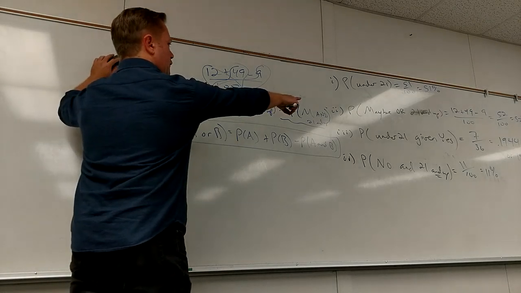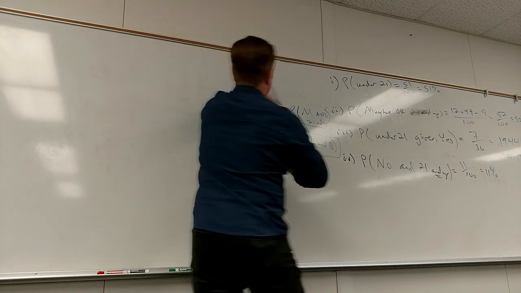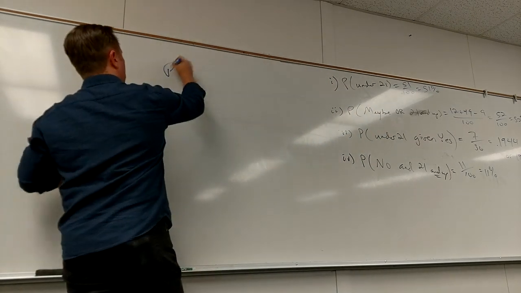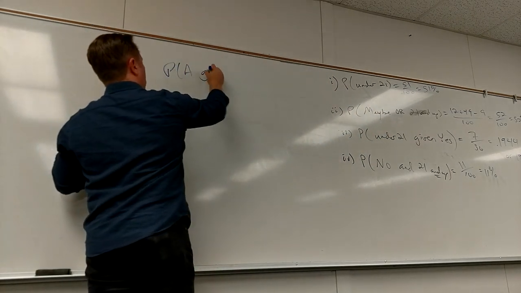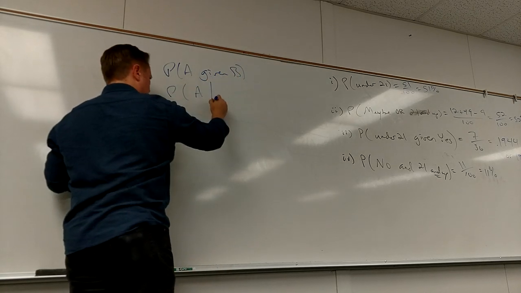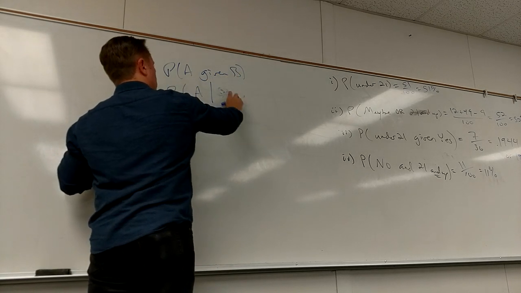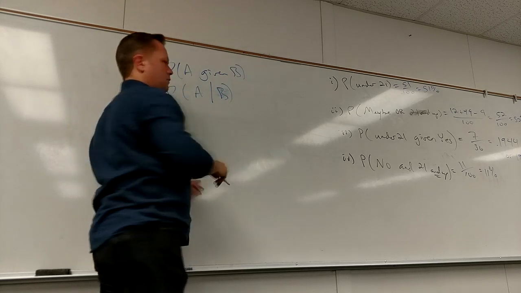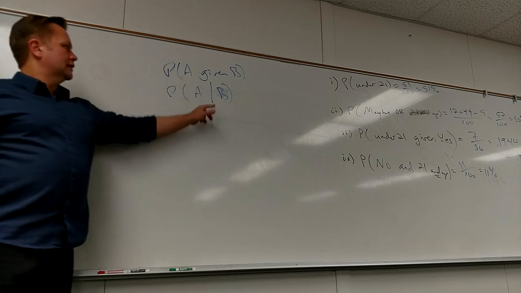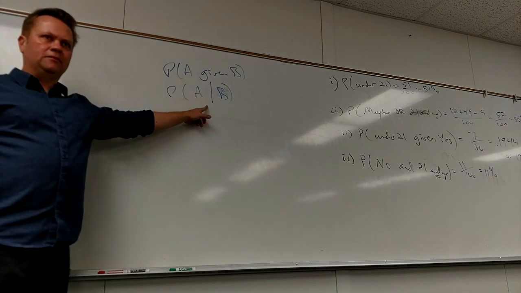So let's look at the given. Let me show you the symbol here, because I'm going to use this symbol. Here's a symbol for given as a straight up and down line. It's an unfortunate symbol because it looks like divided. When you see this line like this, you read it as given.